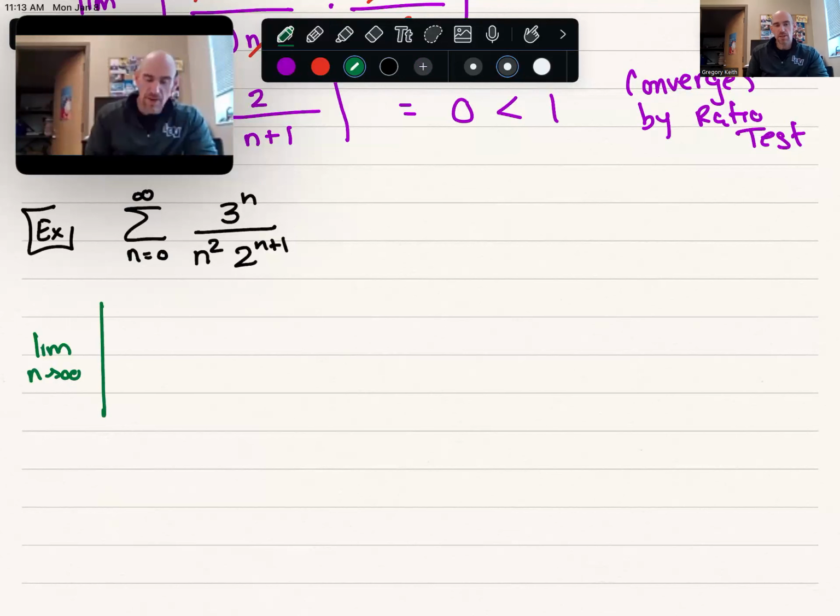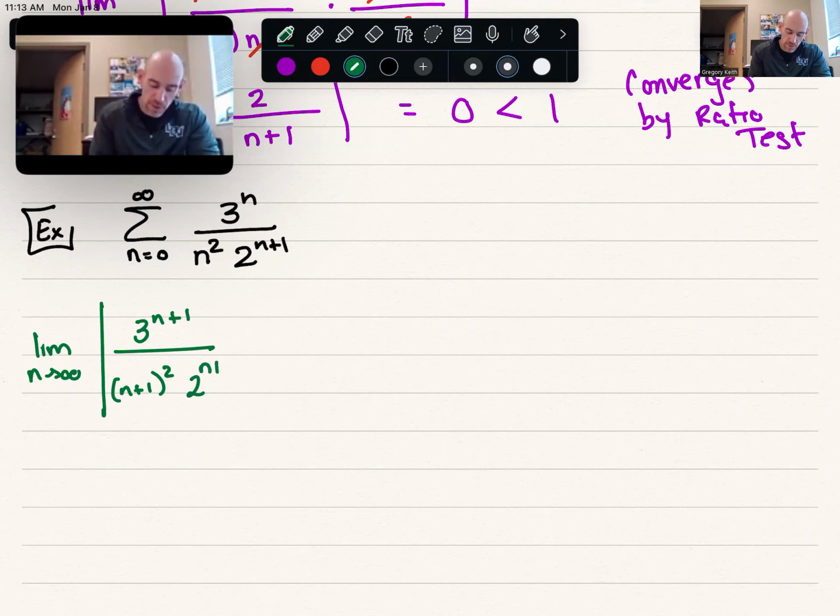I'm going to multiply by the reciprocal right off the bat. So I'm going to put my n plus 1s in: 3 to the n plus 1 over n plus 1 squared, and 2 to the n plus 1 will actually give us n plus 2, times the reciprocal, so n squared, 2 to the n plus 1, and 3 to the n.